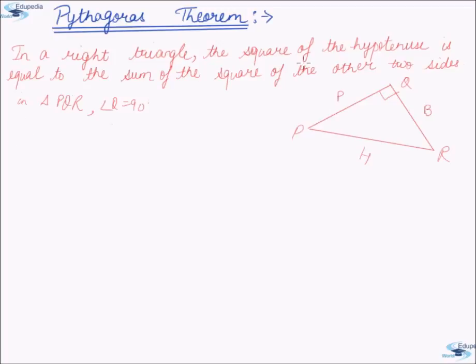So, according to this theorem, the square of the hypotenuse, that is PR square, is equal to the sum of the squares of the other two sides, that is PQ square and QR square.